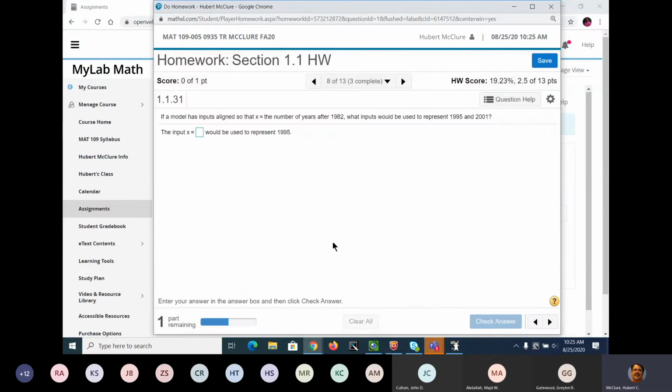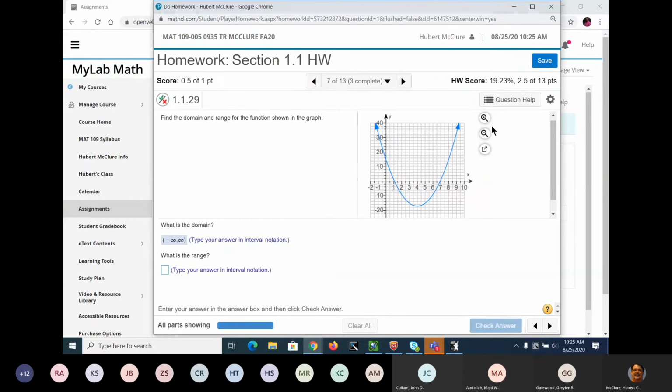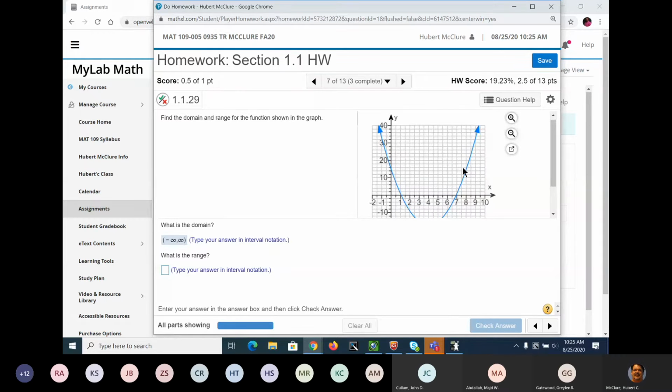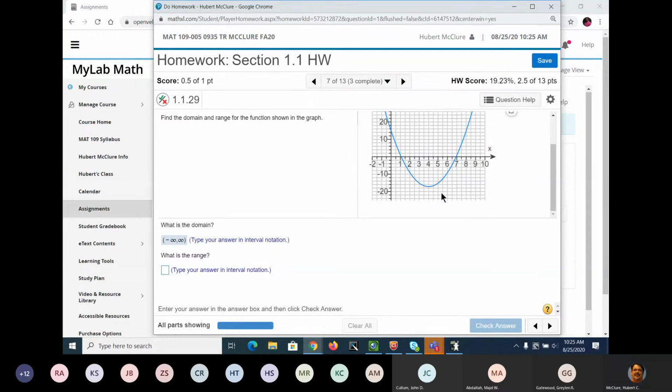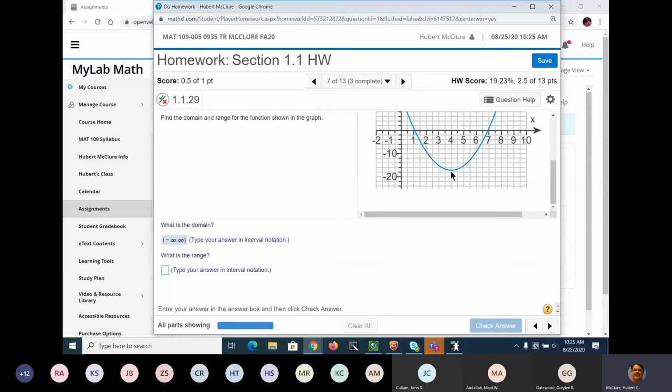What is the range? The range is from whatever number this is right here. You might want to blow it up. That's not very good. I'm going to say it's on an even curve. 2, 4, 6, 8. I'm going to say -18 to infinity, but it's really not on 18. Can y'all see that?